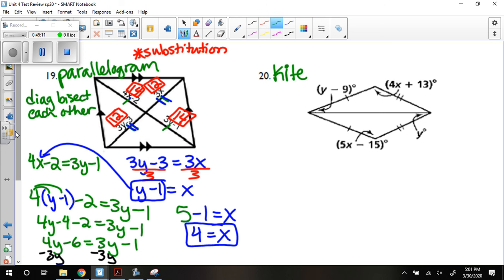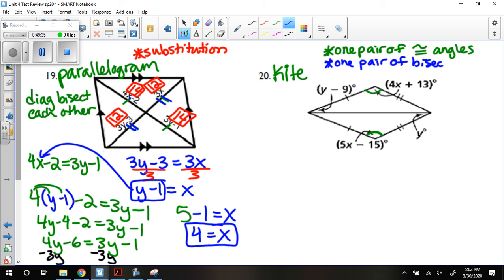So the thing I know about angles in a kite is that you have one pair of congruent angles, which are these two, and then you have one pair of bisected angles.